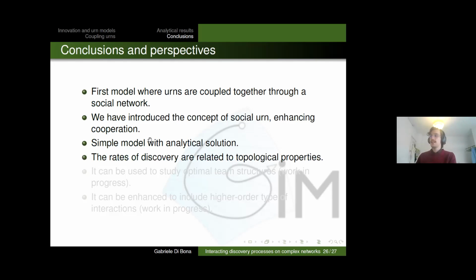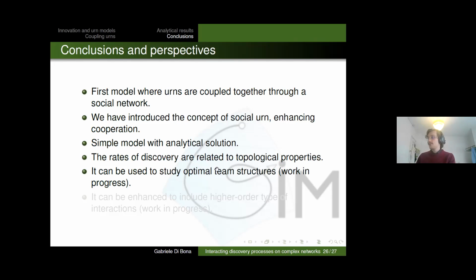And in fact, we now know that these rates of discovery, at least for this simple model, are related to topological properties, which is also something that has been found in empirical data. But now what we can do is take this model and make it more realistic, and compare it to empirical data.